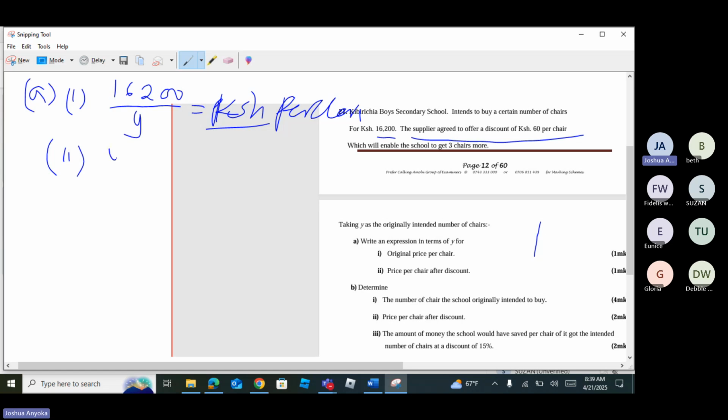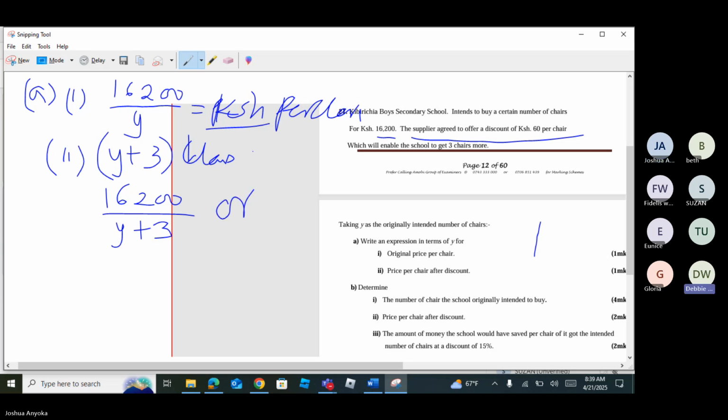Chairs will be Y plus 3. That's what the school will manage to buy. But we use the same amount. So price per chair would be 16,200 divided by Y plus 3, because the number of chairs will increase.